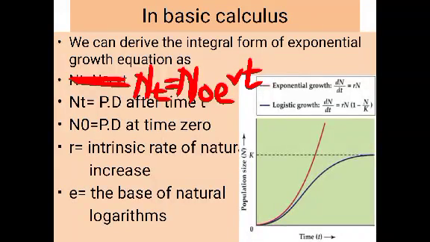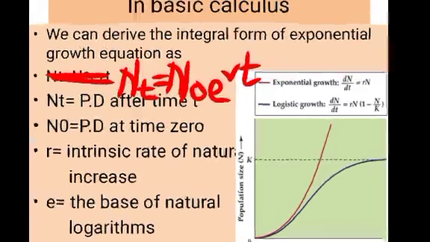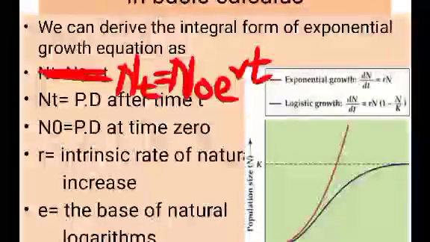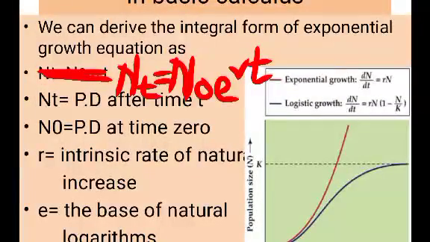In the previous slide we have seen the equation of exponential growth, that is dN/dt = rN. Now in basic calculus we can derive the integral form of this exponential growth as Nt = N0 e^(rt).